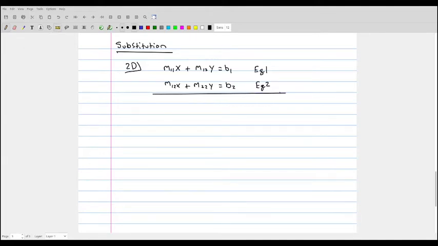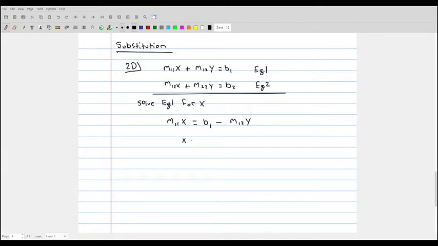The substitution method is as follows. If you go through and solve for one of the variables, so we'll solve equation 1 for x. Well, m11 times x is equal to b1 minus m12 times y.